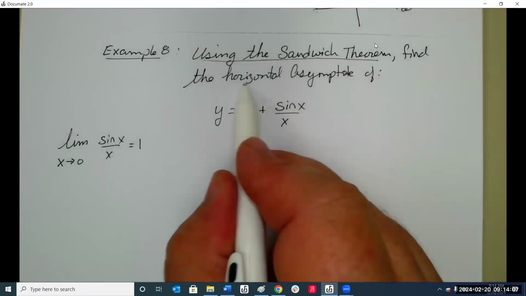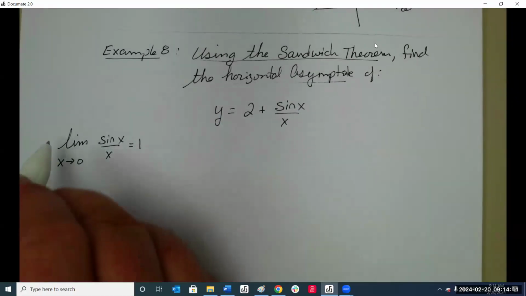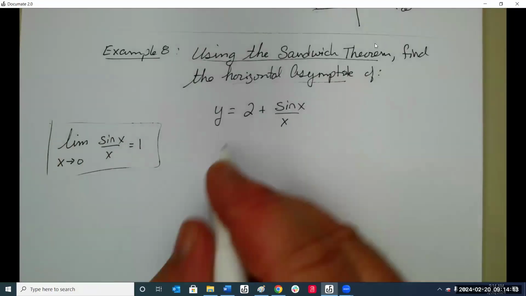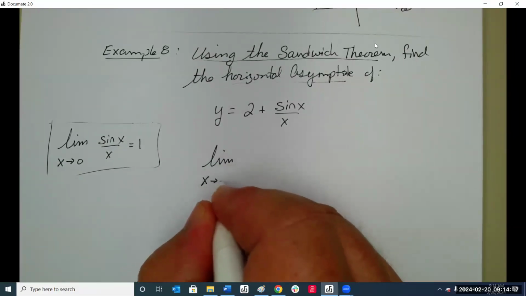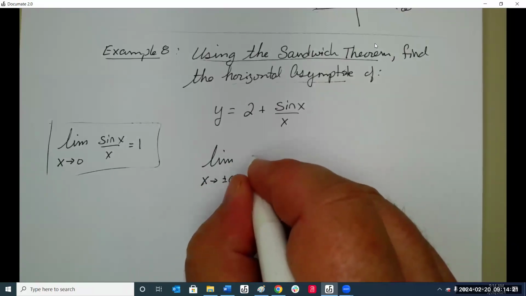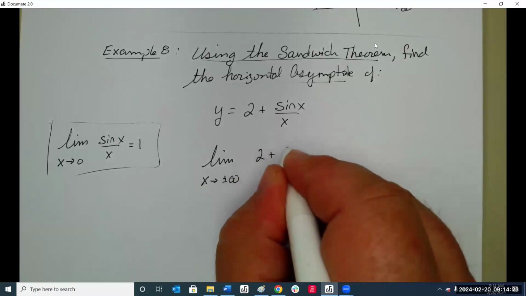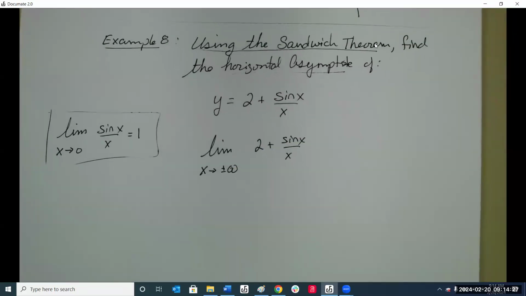We're looking for the horizontal asymptote, which means we have to go to infinity. We have to look at the limit as x approaches infinity of 2 plus sine x over x.